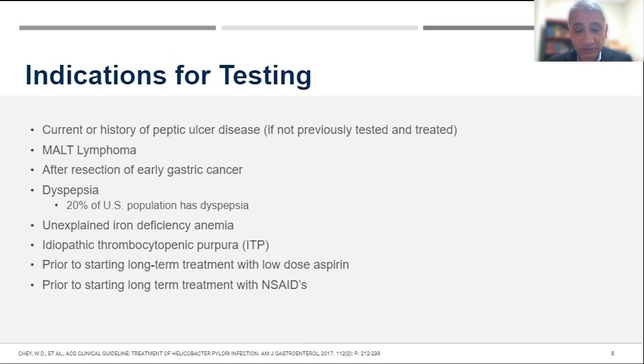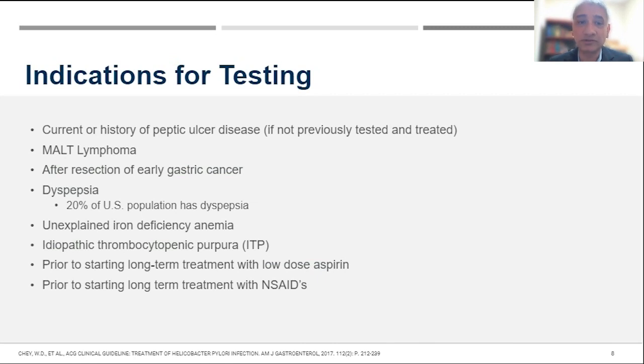Now, we know H. pylori is an independent risk factor for peptic ulcer disease. Aspirin and nonsteroidal anti-inflammatory drugs are additional independent risk factors for peptic ulcer disease. When both risk factors are present in the same individual, the risk is increased synergistically.